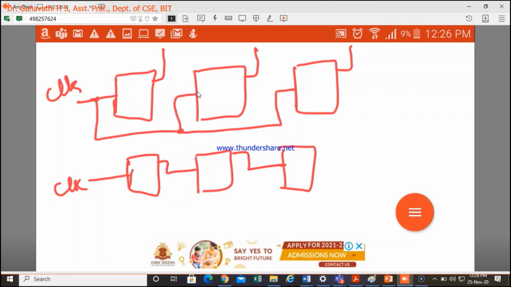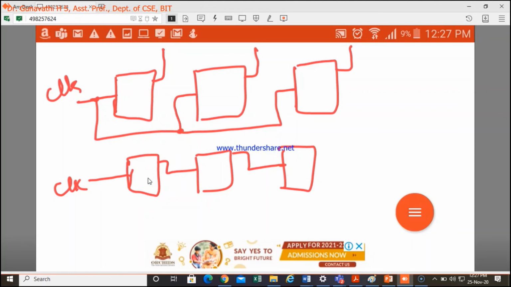Designing the synchronous will take more time, and not only more time, it is a little complex when we compare it with the asynchronous, and it is costlier as well. The synchronous design is costlier because we need additional circuitry to design for different counts of sequence. So these are all the differences between synchronous and asynchronous sequential circuits.